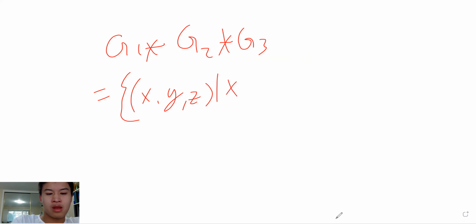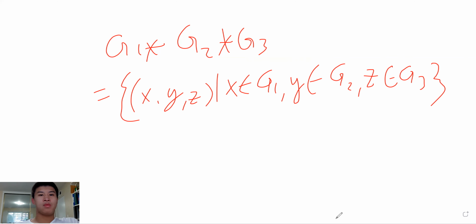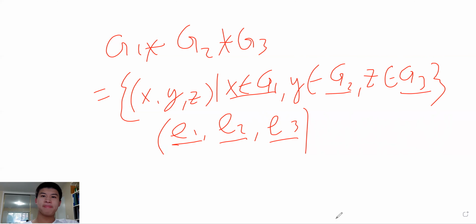Check that X is an element of G1, Y is an element of G2, and Z is an element of G3. And the identity element will be (E1, E2, E3), where E1 is the identity element of G1, E2 is the identity element of G2, and E3 is the identity element of G3.